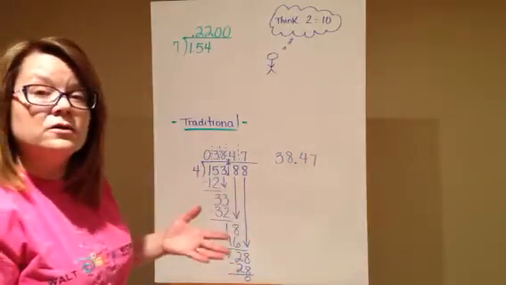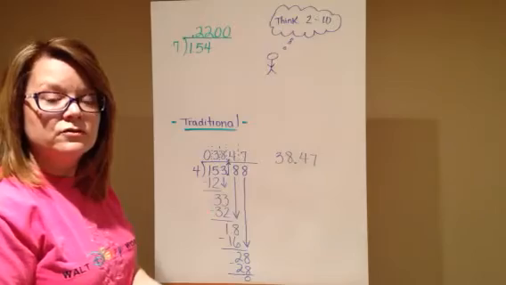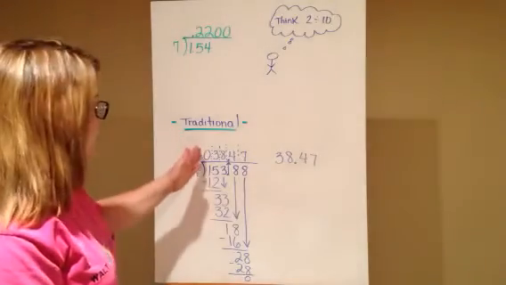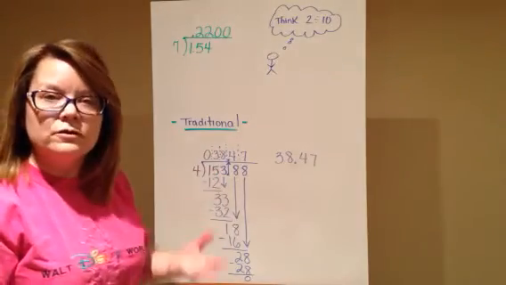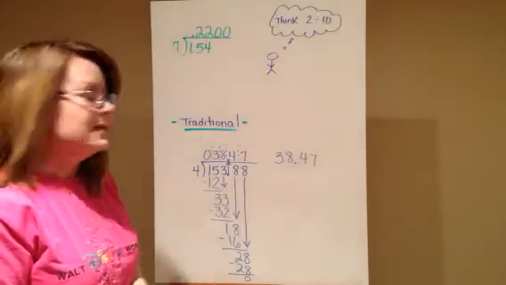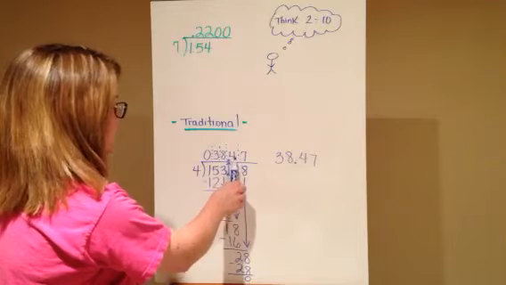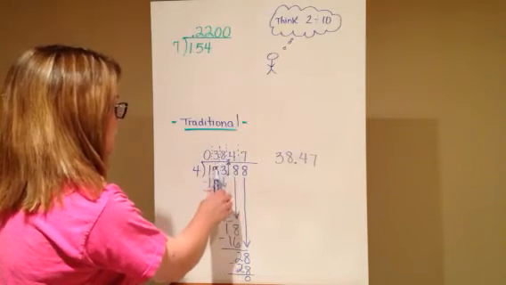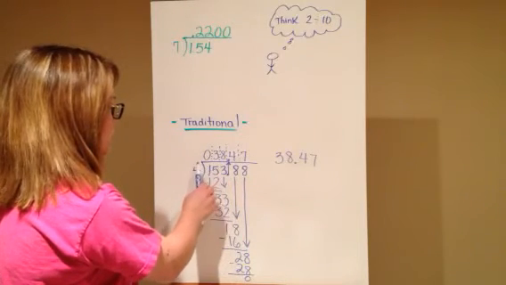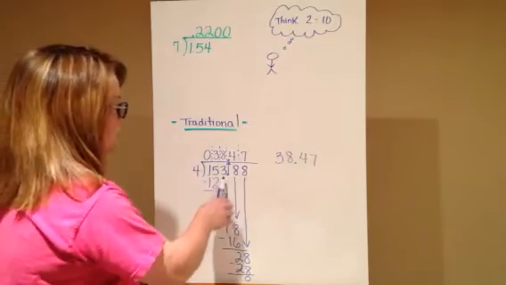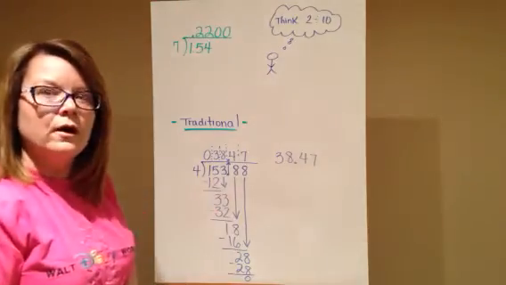Now this only works if you really understand how to use the traditional method, and you can make sure that you keep all of your digits in the correct place and make sure that your place value is all lined up. Notice I've got this number above here and here and here, nothing up there because the 4 wouldn't go into 1, and that's how we decide where that decimal point would go.